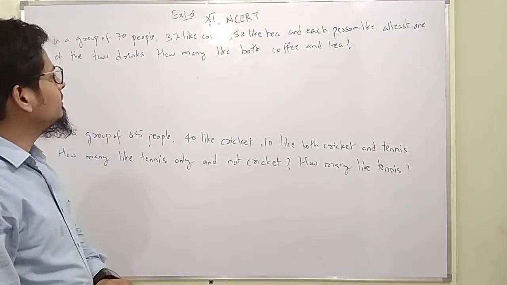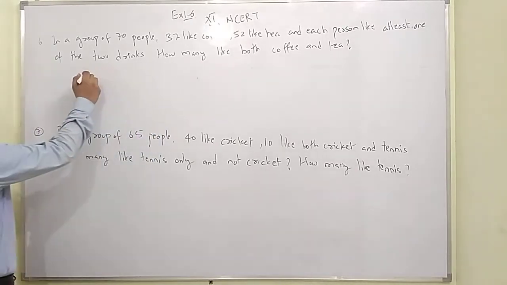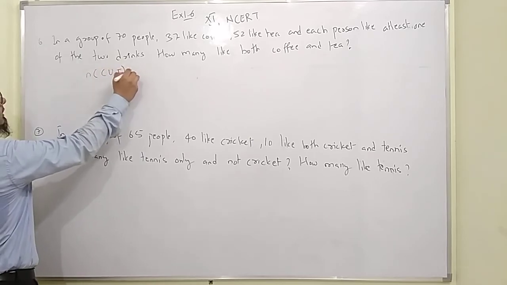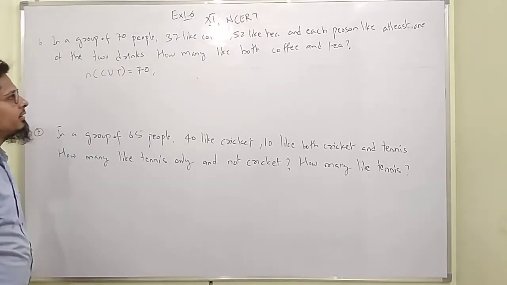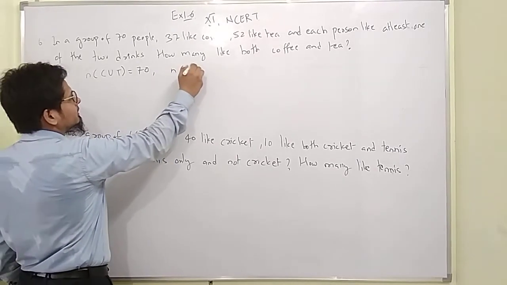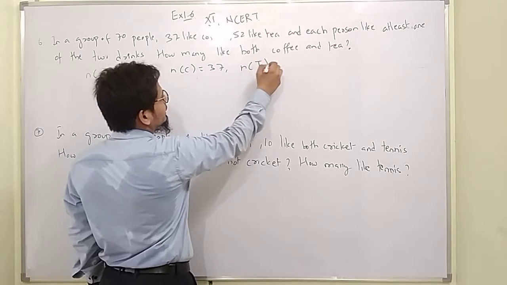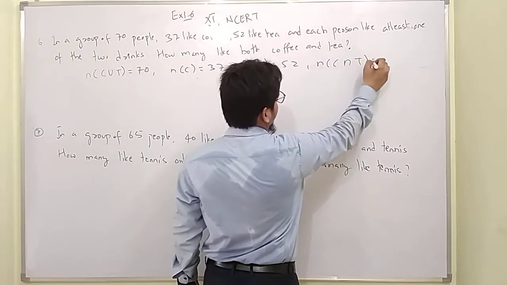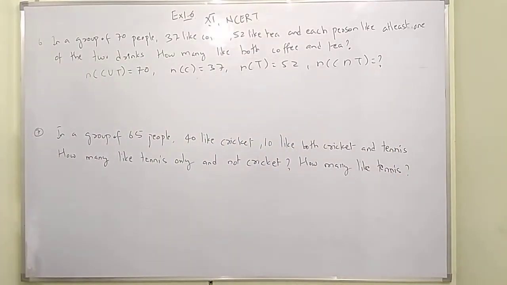And how many like both tea and coffee? So class, C is for coffee, T for tea, and the union is equal to 70. n(C), the number of coffee drinkers, is 37, the number of tea drinkers is 52, and we have to find n(C intersection T).